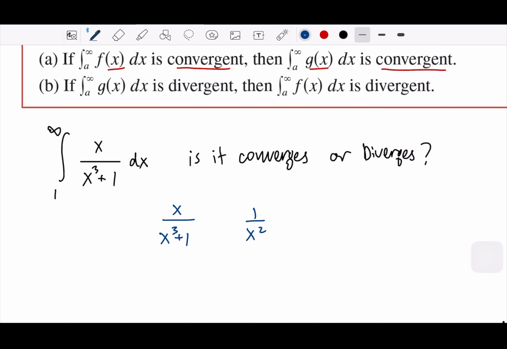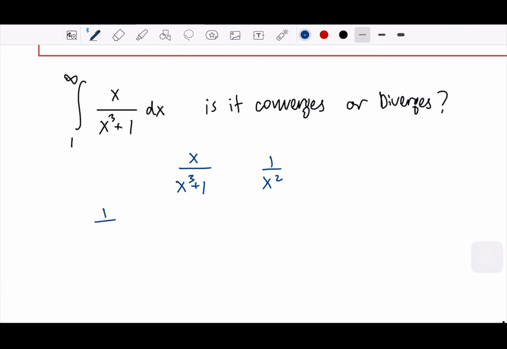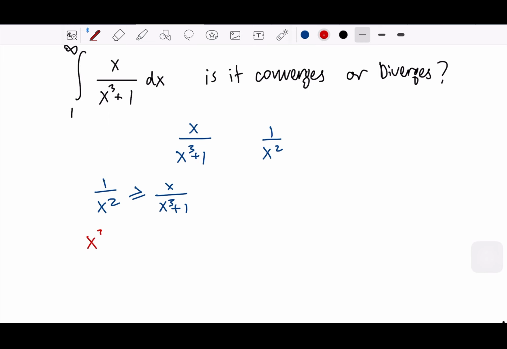This plus 1 you can ignore. Why? Here's why. Because we know that 1 over x squared is for sure greater than this. Agree? You can check. This is just a constant. The more you have, the less the value. Which means 1 over x squared is a good comparison.